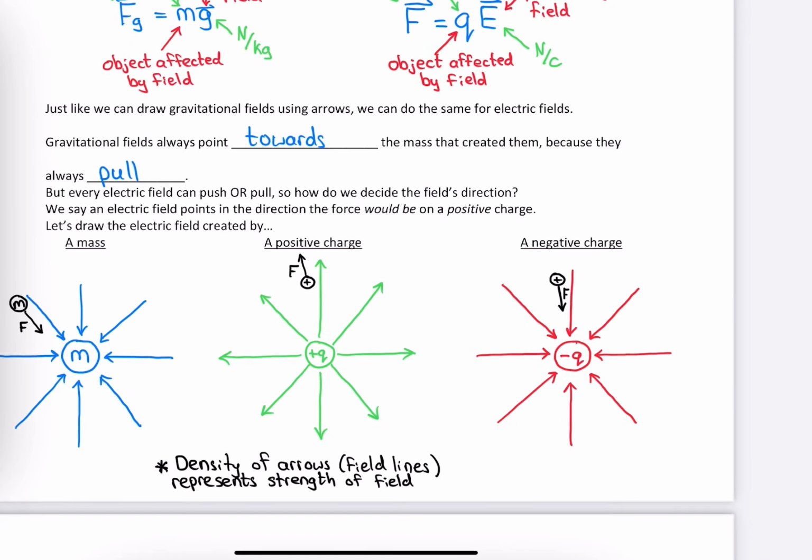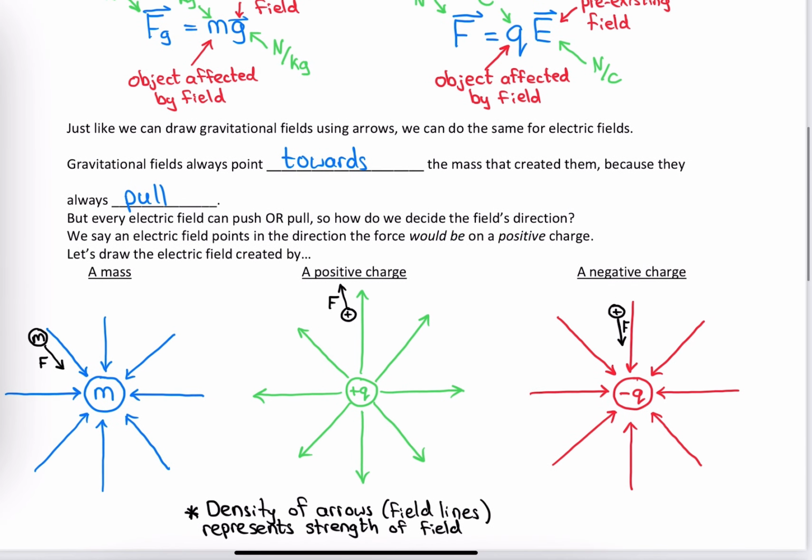Okay, so let's kind of look at the overview of what we have here. The fields created by a mass, a positive charge, and a negative charge all basically have the exact same pattern. It's just the direction that matters. In the case of a gravitational field, the field points towards the mass, which is the direction the force would be on another mass in that field.